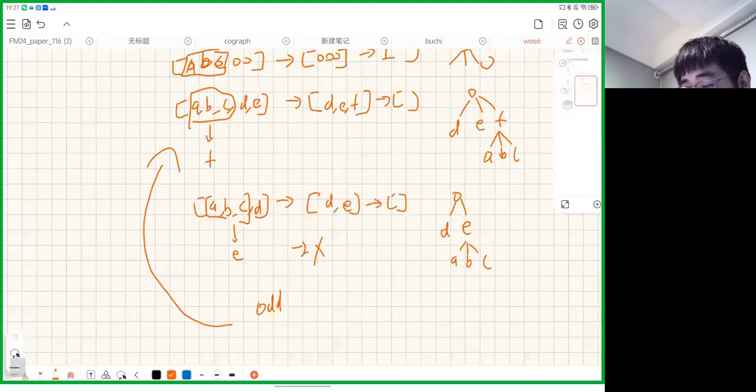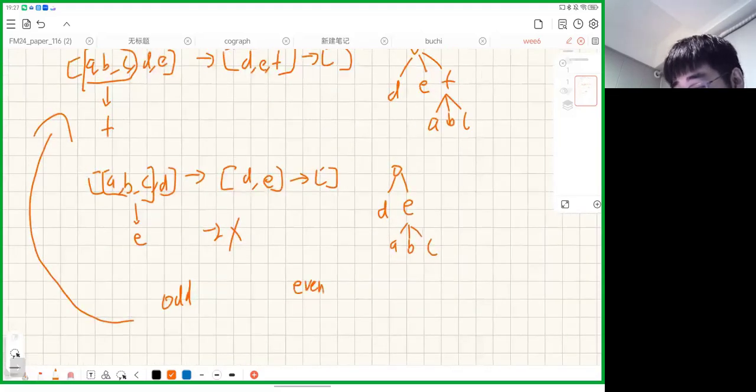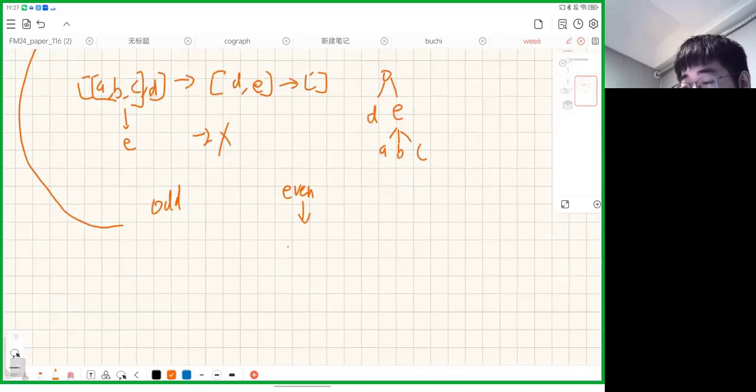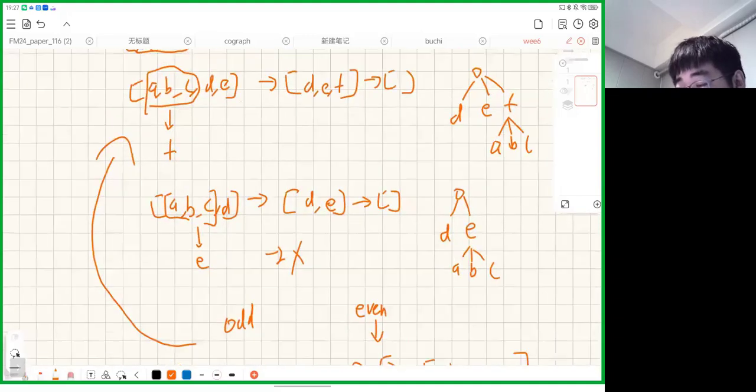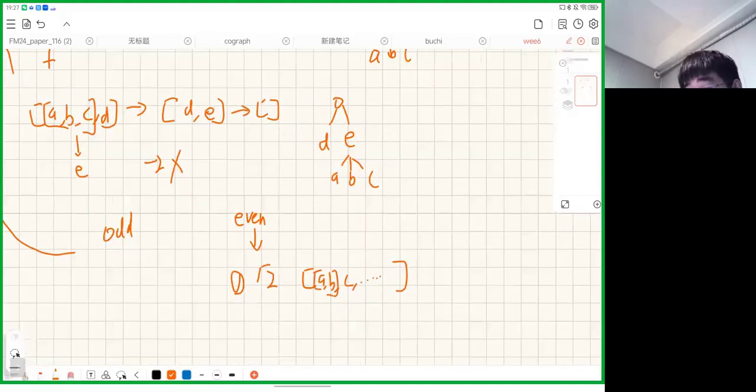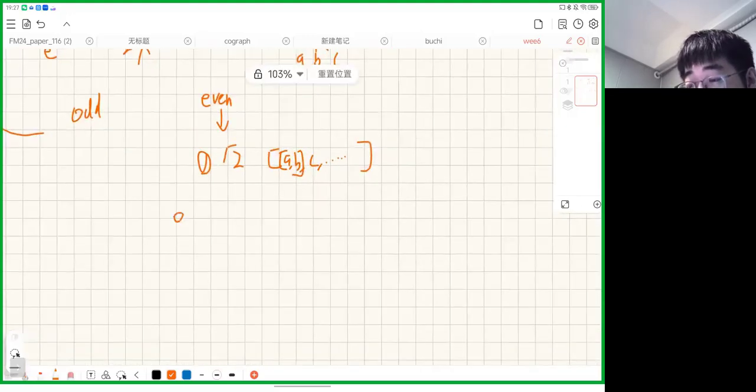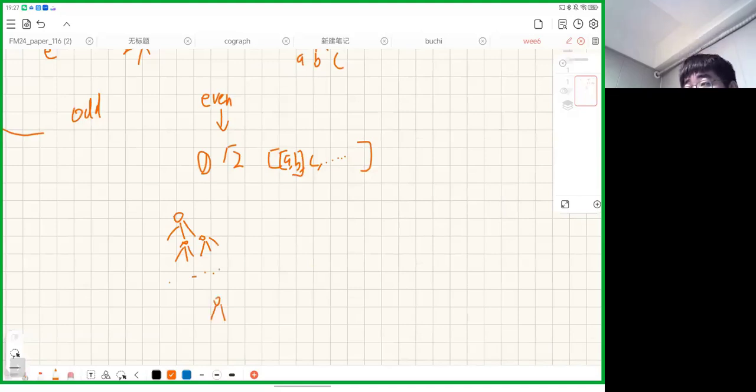But if we have an even size, for the first round, instead of taking 3, we take 2. So instead of taking A, B, C, we just take A, B and add 1. So this will make our tree look like 3, 3, 3, all the above with 3, and only the last really deep one with 2 things here. This will not waste anything, so this is the most efficient way.